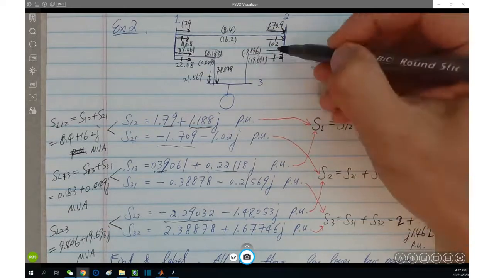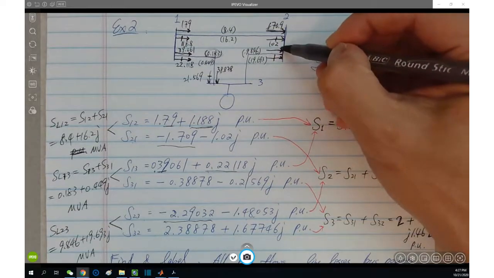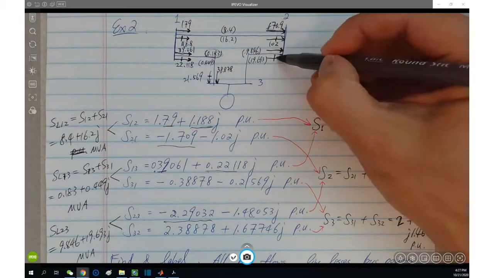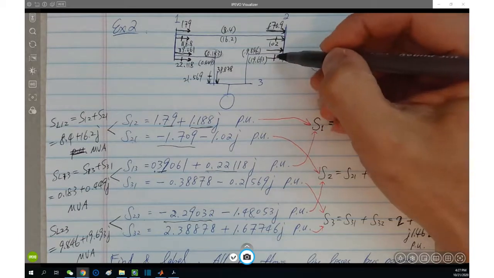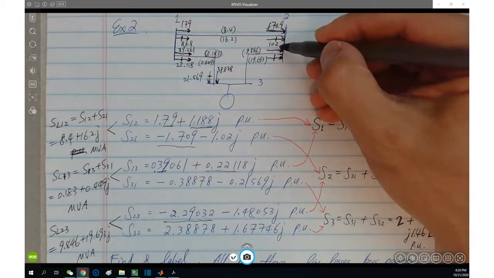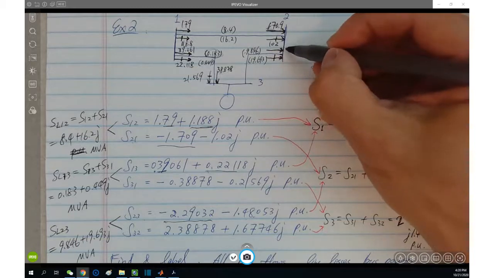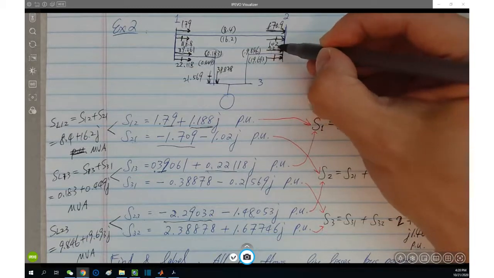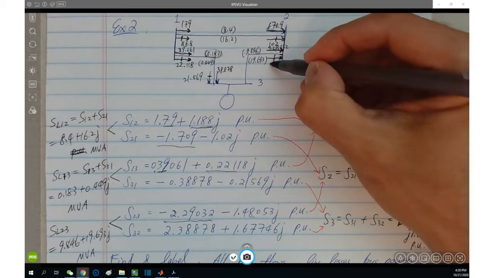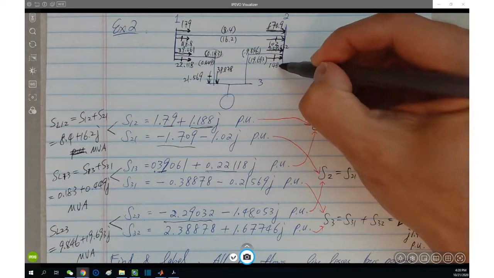So above the line, this is the active power line flow. Below it is the reactive line flow. So 2, 3 is here, 229.032. Reactive is 148.053.